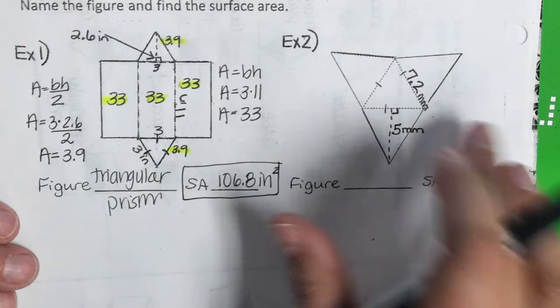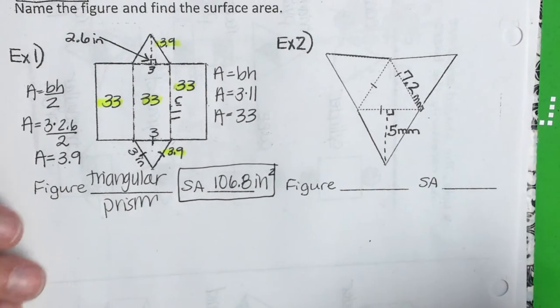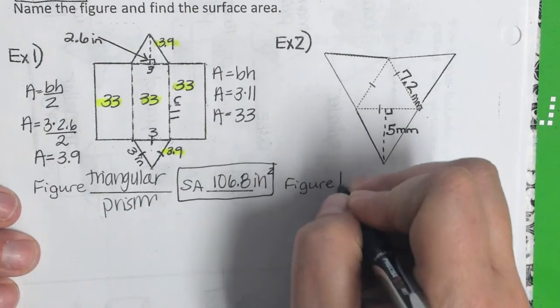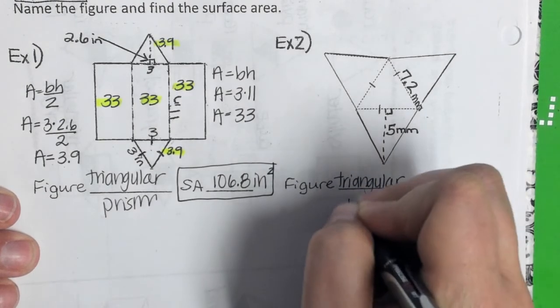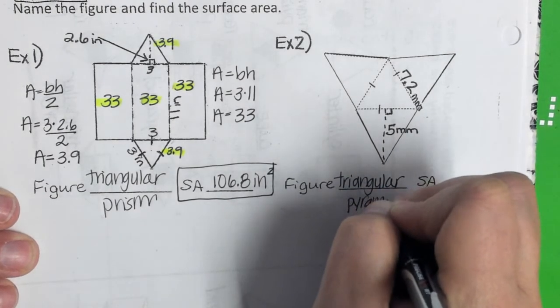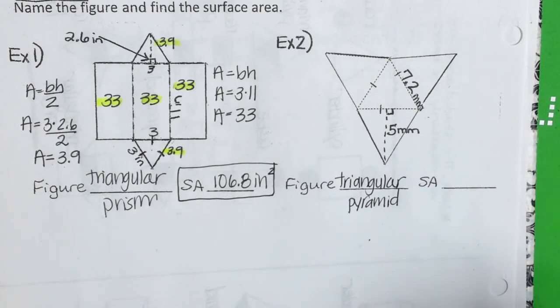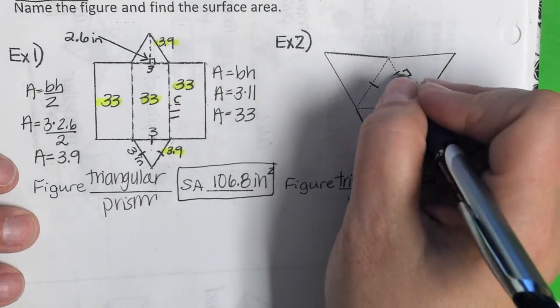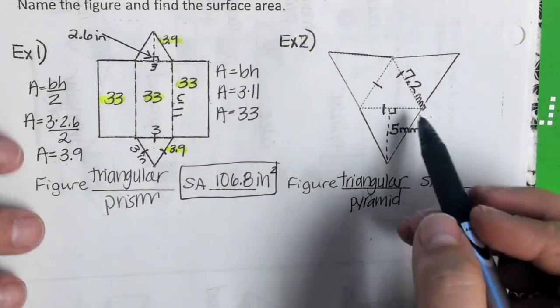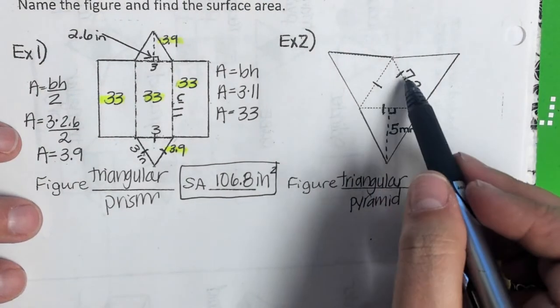Looking at number 2, what type of shape? Triangular prism. Triangular pyramid. Be very careful. Good. You want proof? Here we go. The great thing about this, if we look in the middle, this is what we call an equilateral triangle. All 3 sides are the same.